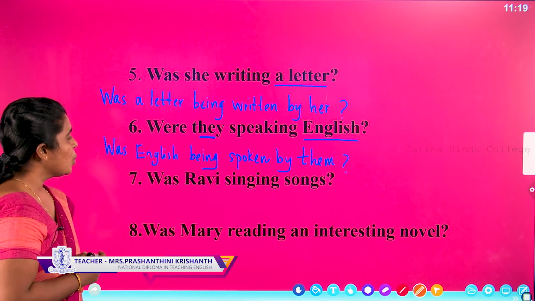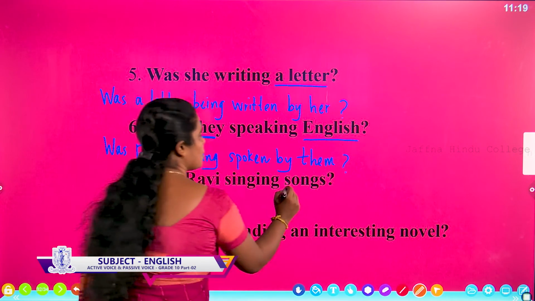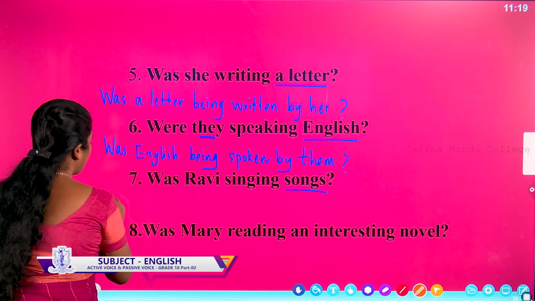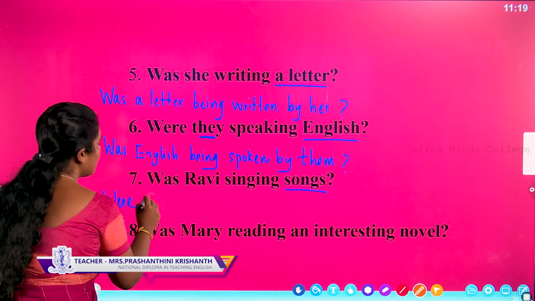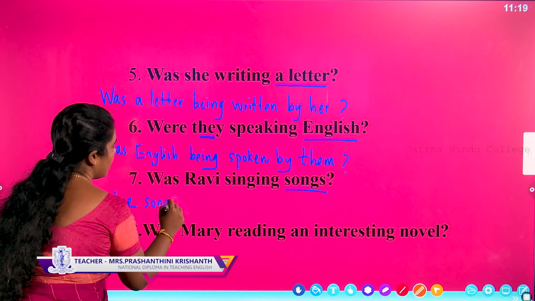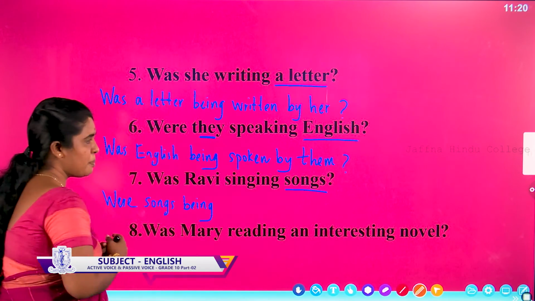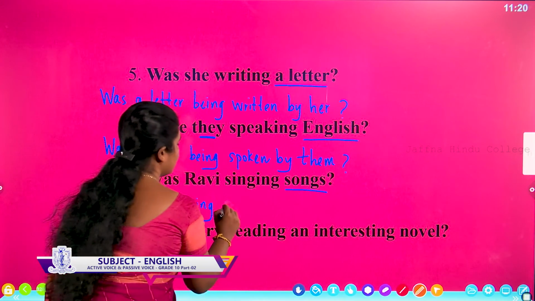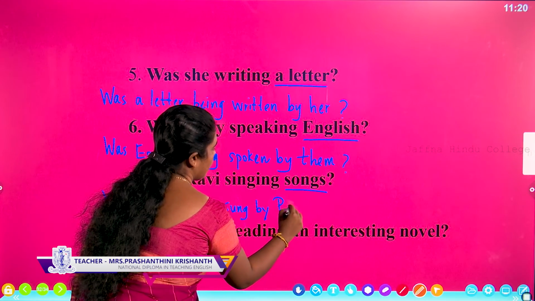Number 7, was Ravi singing songs? So the object songs, were, because that is plural form, were songs being, past participle form of sing, sung, by Ravi.